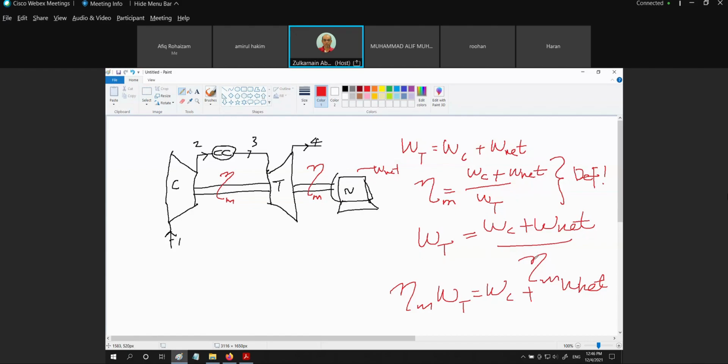This is where you put your mechanical efficiency, basically when you solve for the temperature. That is how you look at it. And after this, you sketch the TS diagram.